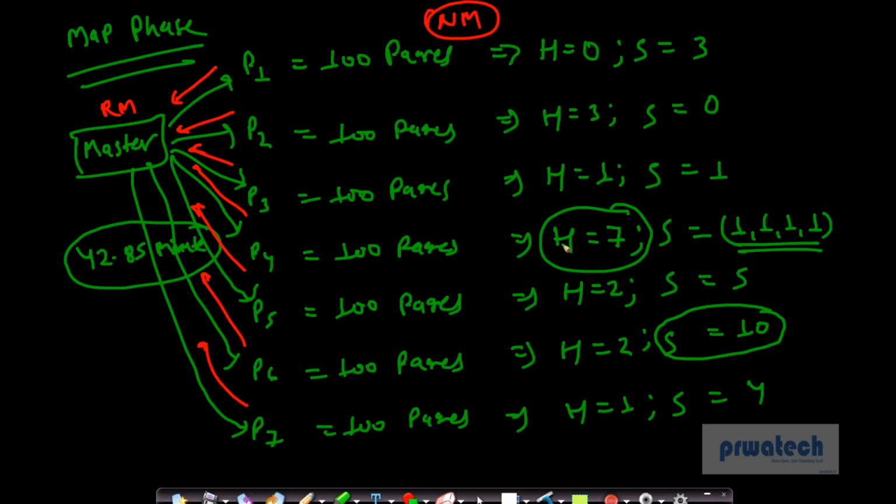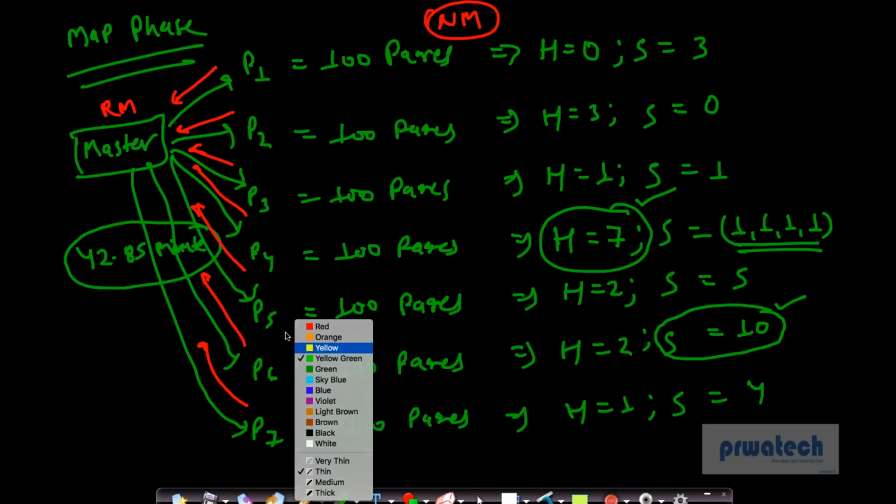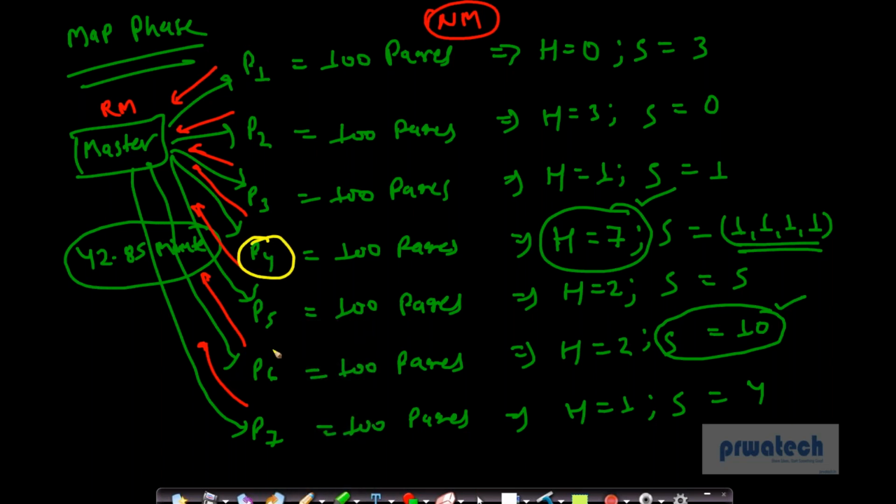And who decides that Hadoop will go to P4 and Scala will aggregate in P6? One thing is clear: to avoid network traffic time, we select one machine where my Hadoop count is more, and one machine where my Scala count is more, and then all the other machines communicate to these two machines.